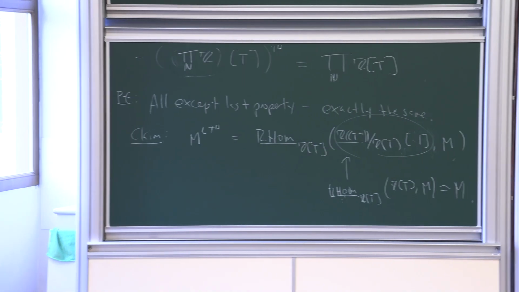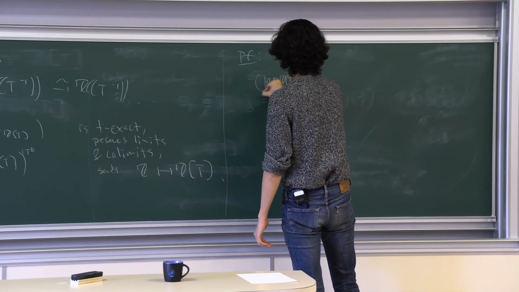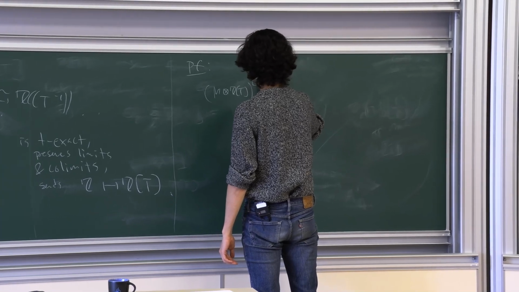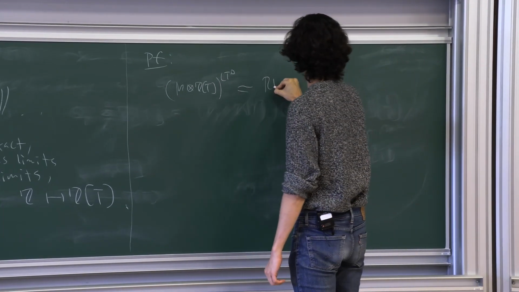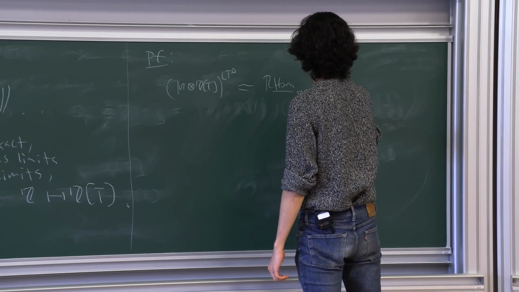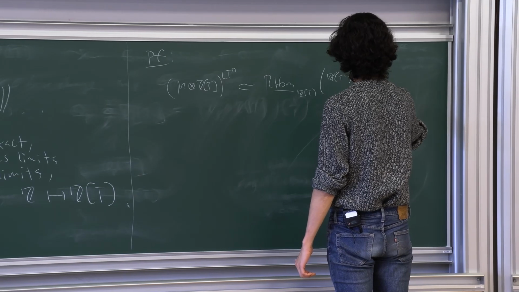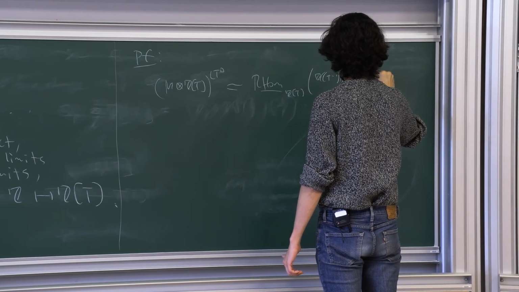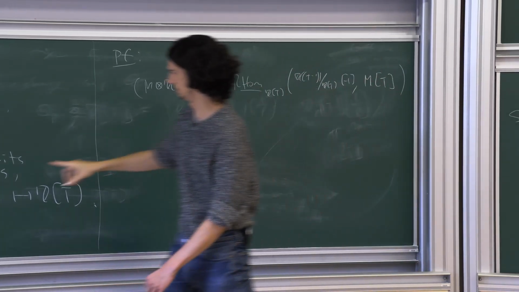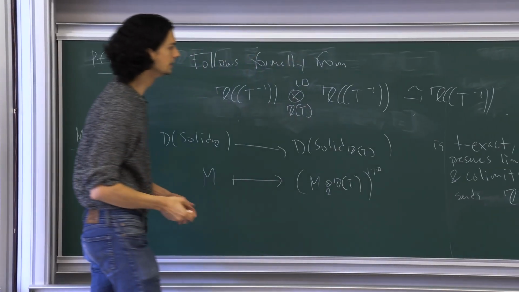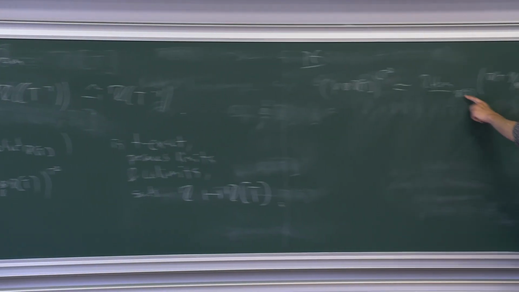So we get that M tensor ZT, LT solid, is the same thing as, I'll just write it M brackets T. By that I mean M tensor Z brackets T. And now we're computing an RHOM over ZT.